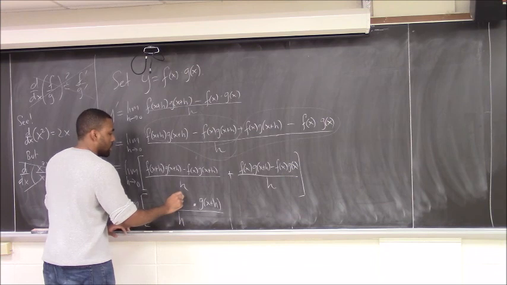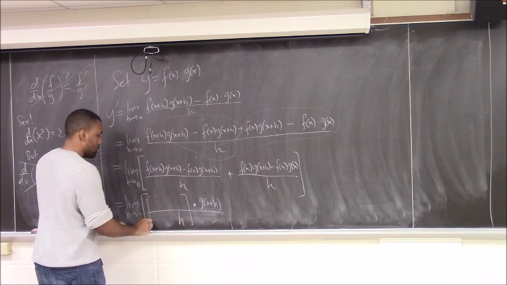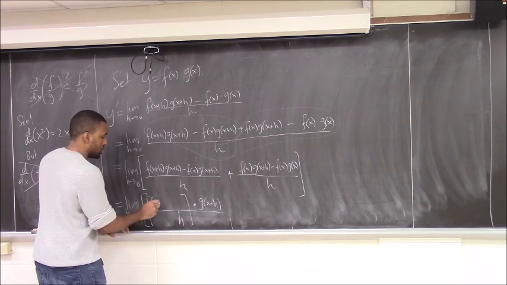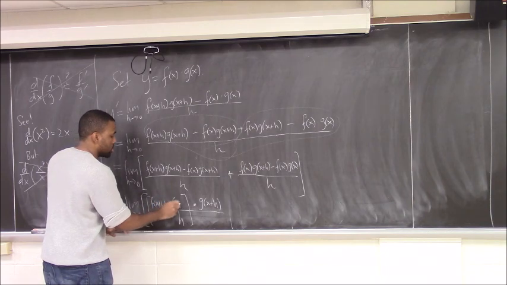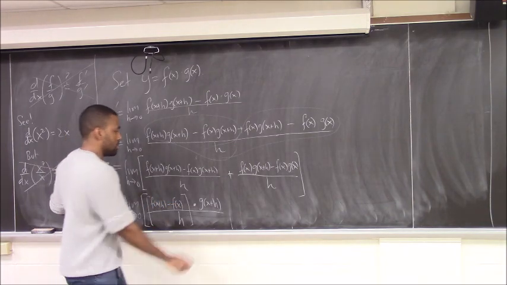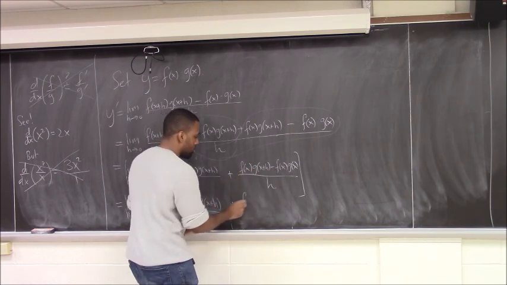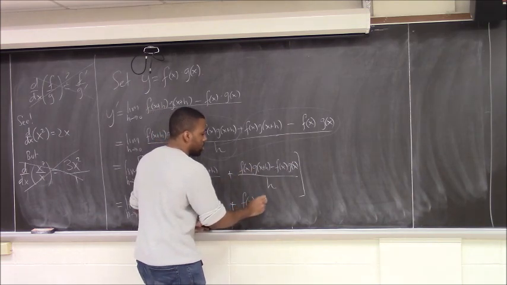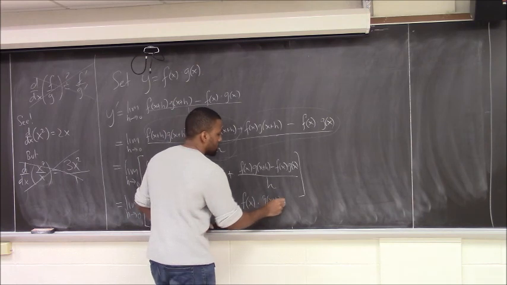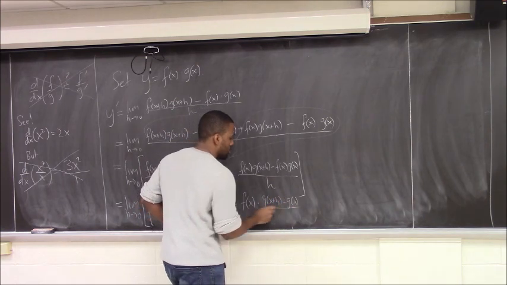And what I would have left here is f of x plus h minus f of x over h. Similarly here, f of x is a common term, so I can factor that off. And I would be left over with g of x plus h minus g of x over h.